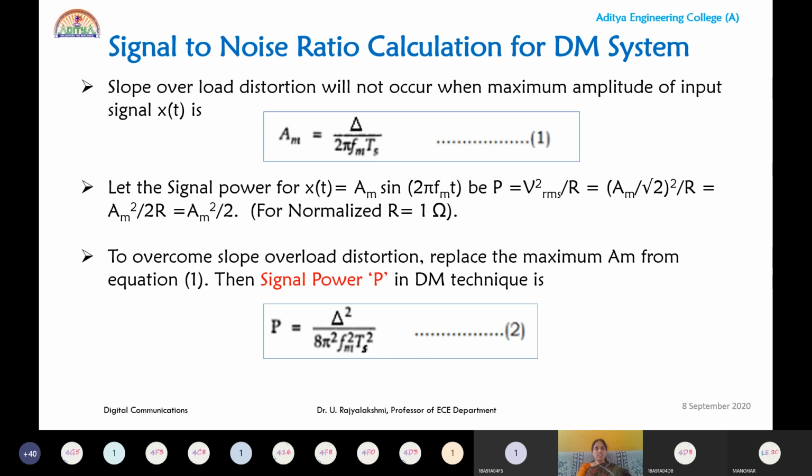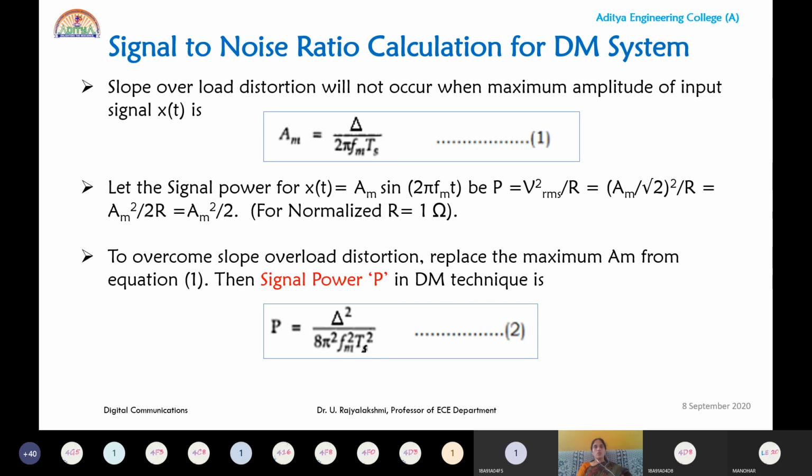Then our signal power P will be delta square by 8 pi square fm square Ts square. Because what we did here is substitute the value of power P as Am square by 2 and substitute the Am value from expression 1. Am square is delta square by (2 pi fm) whole square times Ts square, divided by 2.